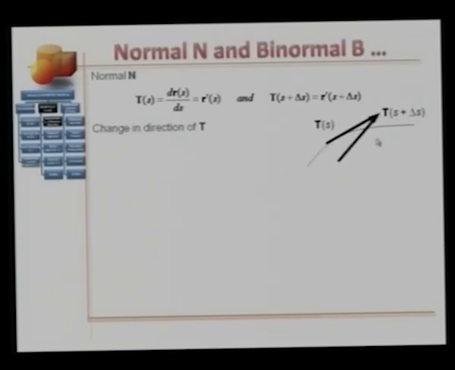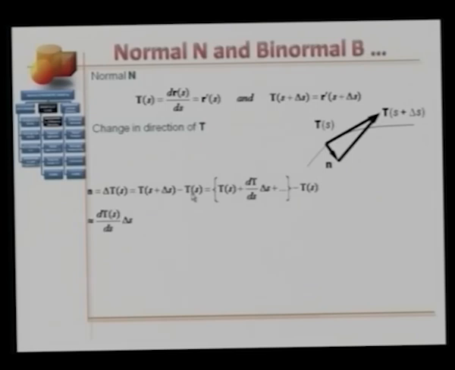What we do is we move t of s so that the tips of these two tangents join. This vector here represents the difference vector, delta t equals t of s plus delta s minus t of s. So delta t of s is t of s plus delta s minus t of s.